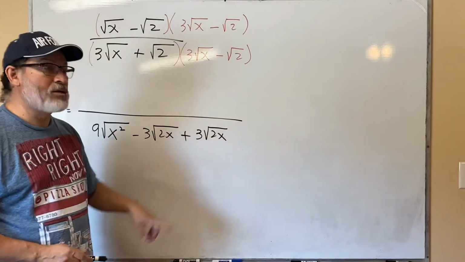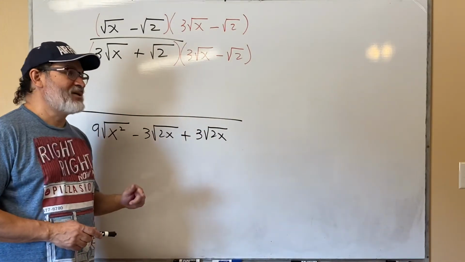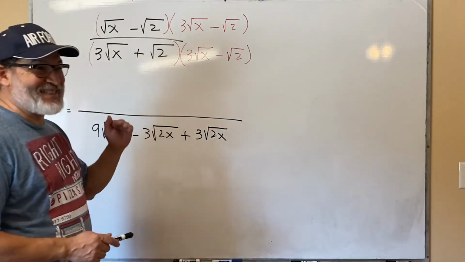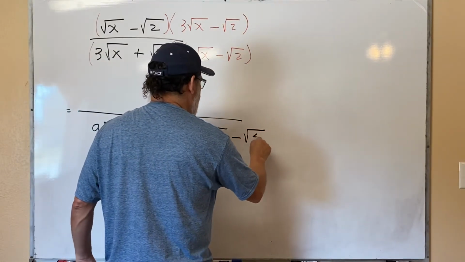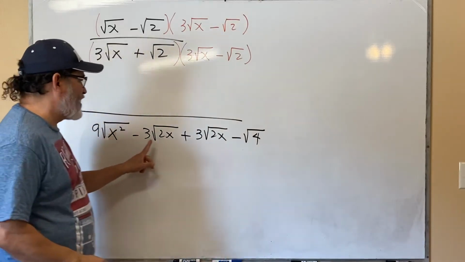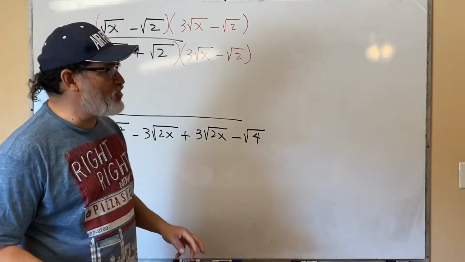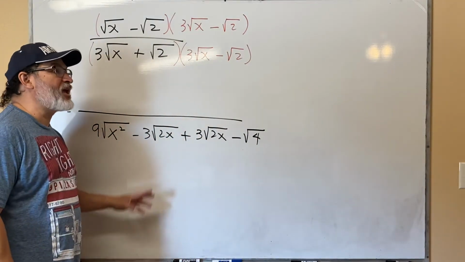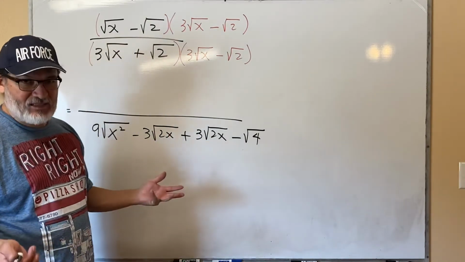This is inner. Last. The square root of 2 times negative the square root of 2 is negative the square root of 4. First, outer, inner, last. In the near future, when you multiply conjugates, you can just ignore outer and inner because they always cancel.